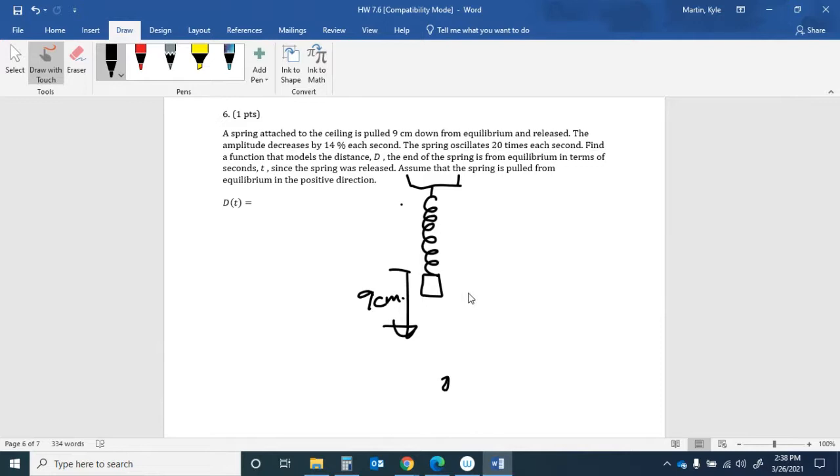And it says the amplitude decreases by 14% each second. So it's going to be pulled down and released, and it's going to bounce around, right? That's what springs do. And when it comes back the next second, the spring oscillates 20 times per second. So find a function that models the distance d the end of the spring is from equilibrium.